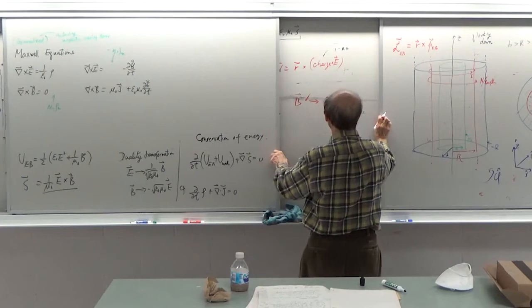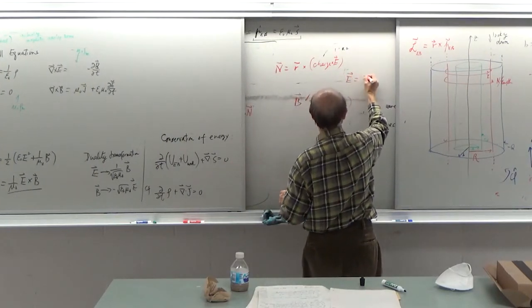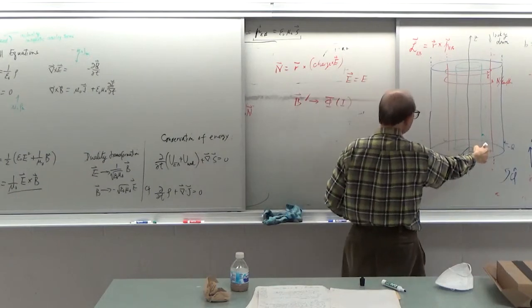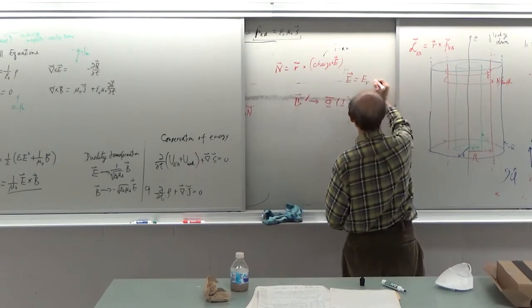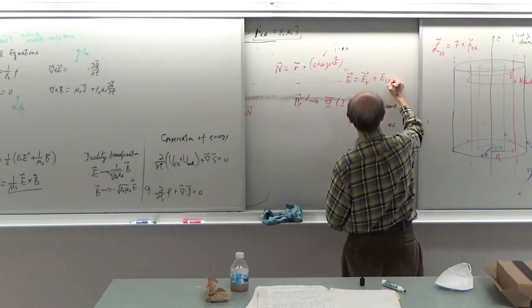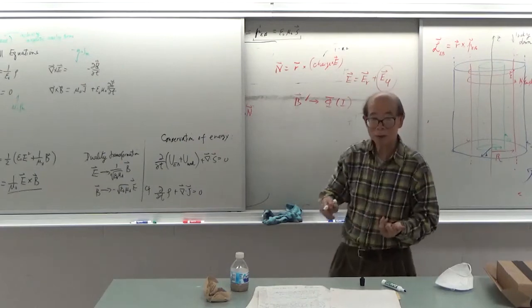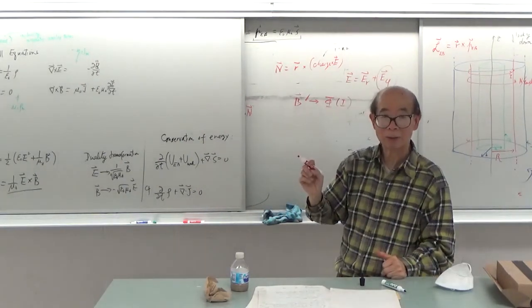So in fact we do have an E composed of two parts: the original one along the radial direction, and now one along the circumferential direction. This is caused by a changing magnetic field.